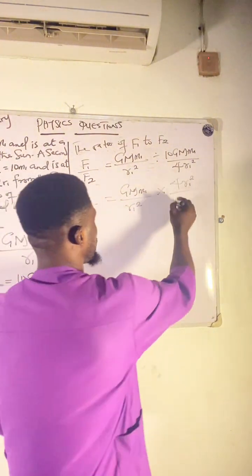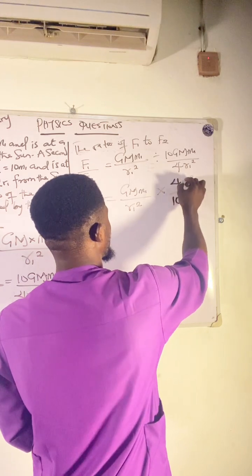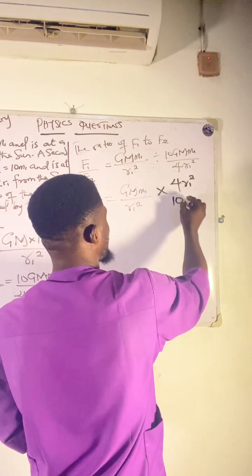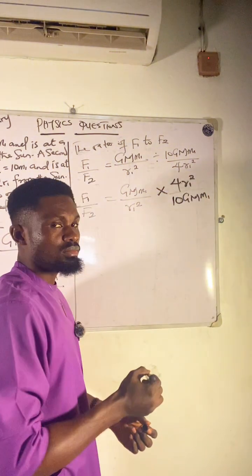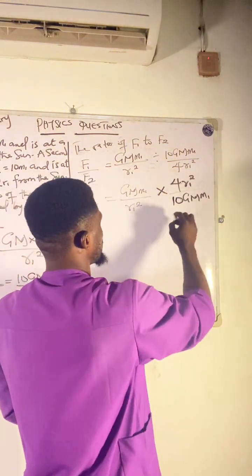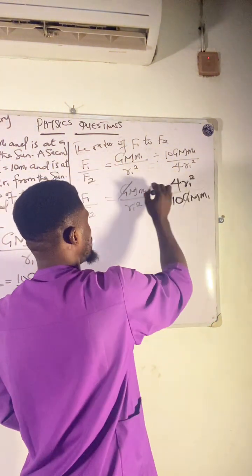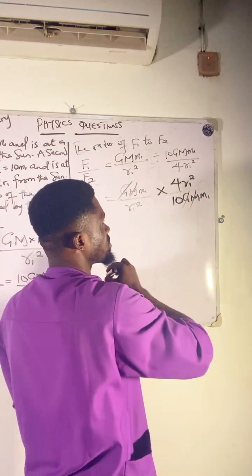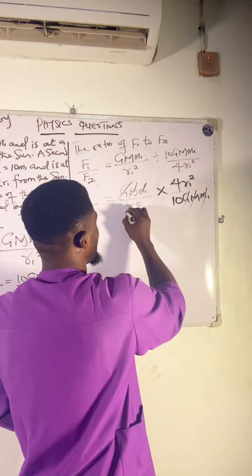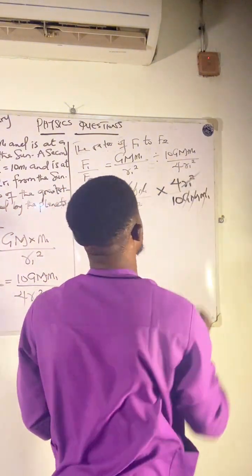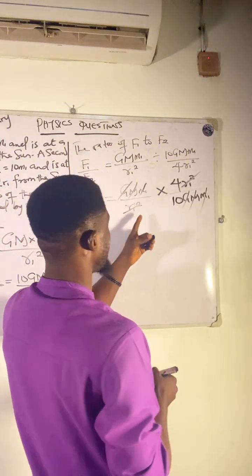Are you with me? So if that's the case, G cancels G, capital M cancels capital M, small m cancels small m. Are you getting me? R1 squared cancels R1 squared.